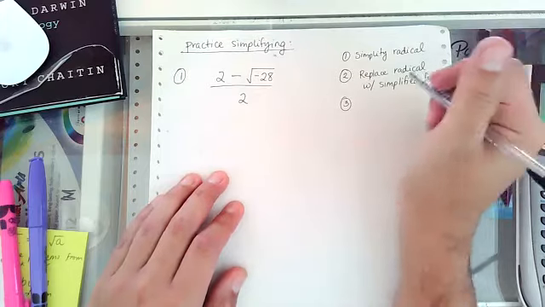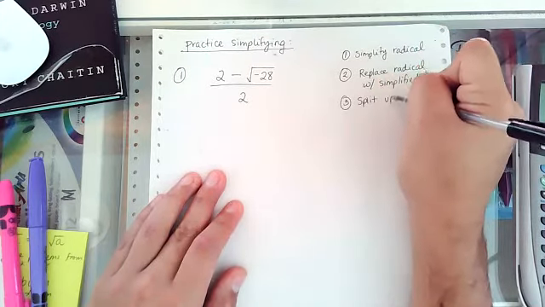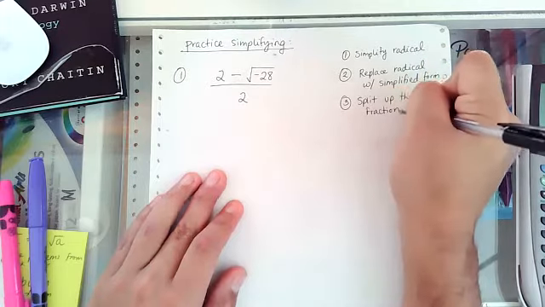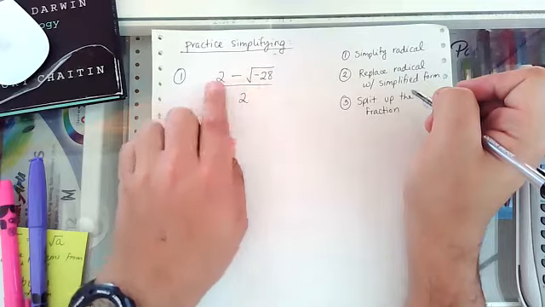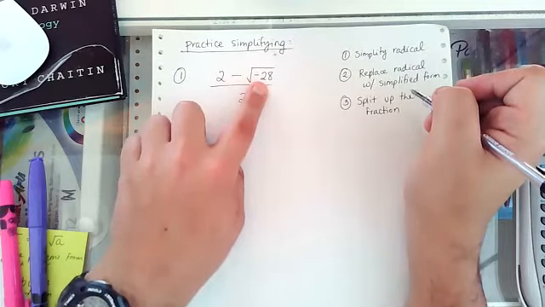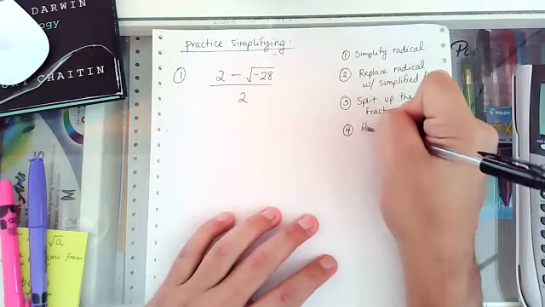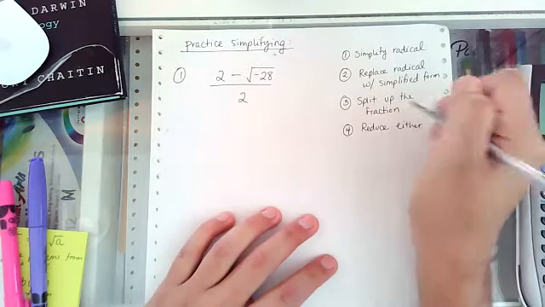Once we've done that, then we can split up the fraction. And we usually split up the fraction wherever the addition and subtraction symbol is, right in between these two terms up here. And then the last step will be to reduce either fraction if possible.